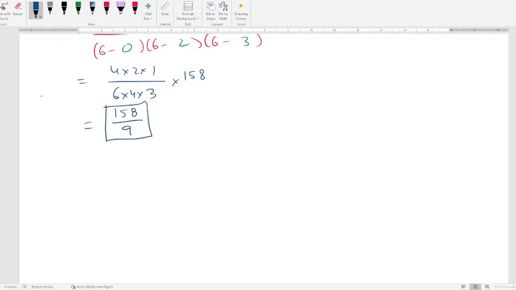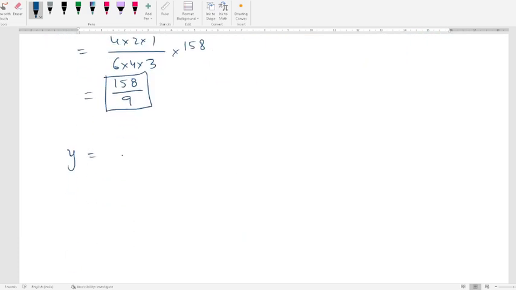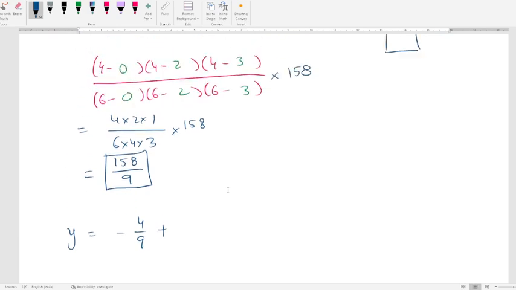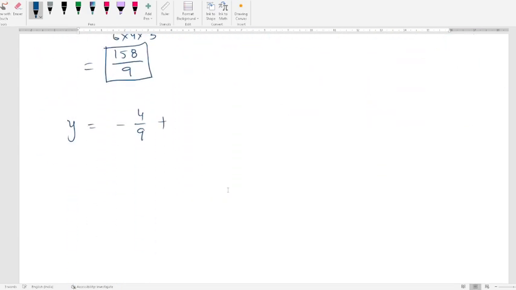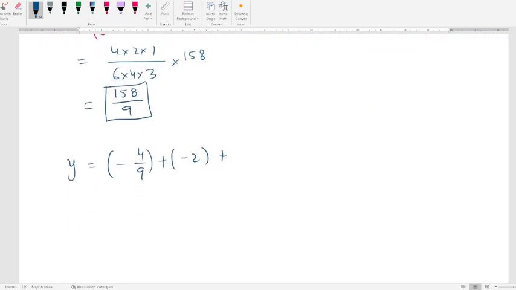Therefore, what we can write is as follows. We can write y is equal to the first value, remember the first value was negative 4 upon 9, right? Negative 4 upon 9 plus the second value was negative 2, right? So negative 2, I think it's better if we put the brackets over here in the beginning so we don't get confused with the signs. Okay, the third value is 224 by 9.